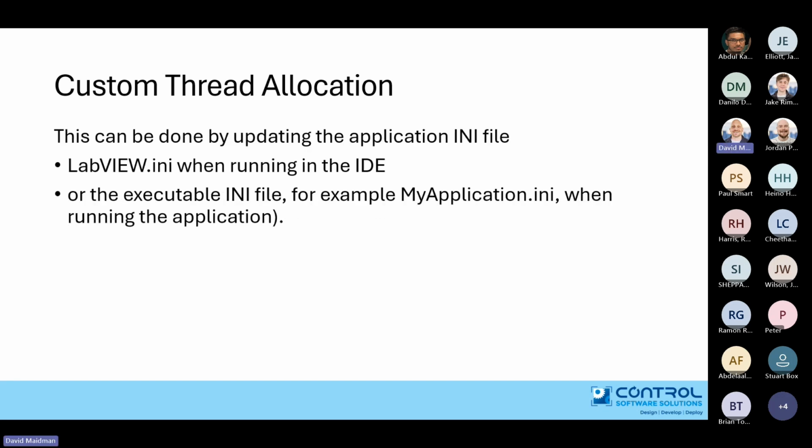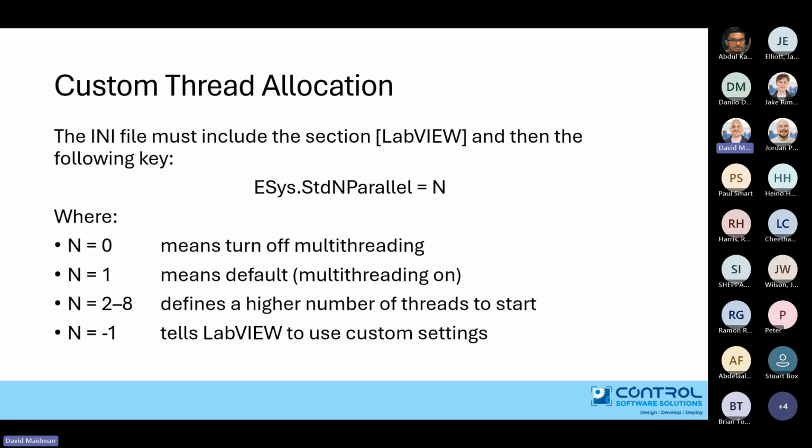This is easily done by updating our application ini file. When we're in the development environment, that's the labview.ini file. When we build an application, it would be in the application ini file that sits alongside. Okay, so within that file we need a section called LabVIEW, and then we need to add the following key.